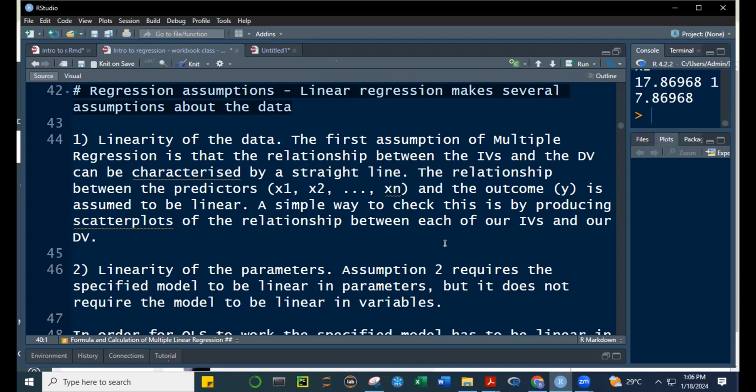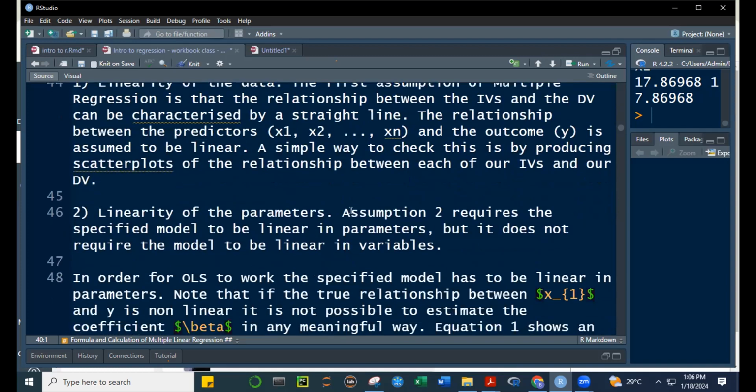So I hope that's clear. We want the independent variable to be correlated with the dependent variable, but not with each other. We don't want your x sub 1, your independent variable 1, to be highly correlated with your independent variable 2. Okay, we'll discuss this more in greater detail.